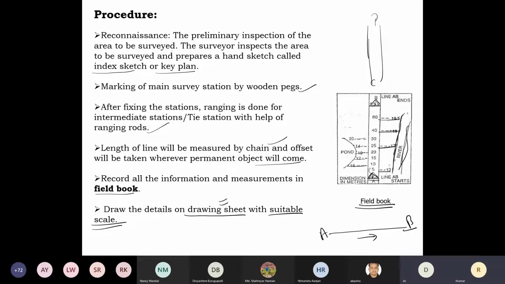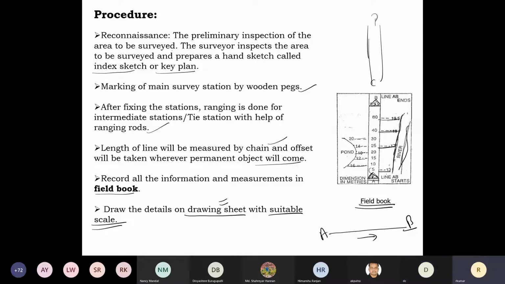To make it aligned and adjusted to the length of the chain, we use the ranging rods intermittently so that these intermittent portions together make a linear shape with the endpoints A and B. Is it making sense?